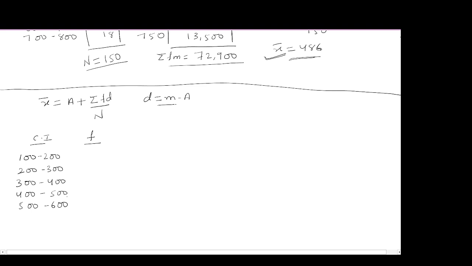It is not mandatory that every time you have to prepare the chart again and again. In the same chart above you can continue adding d value as well as fd. Since I don't have space, I am preparing the chart separately. The last class interval is 700 to 800. And the frequency values are 10, 18, 20, 26, 30, 28 as well as 18.